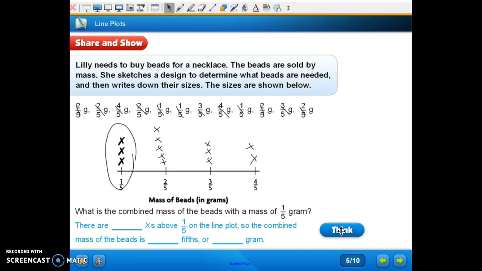There are blank X's. How many X's are there? 3. Above the 1/5 on the line plot. So the combined mass of the beads is 3/5.